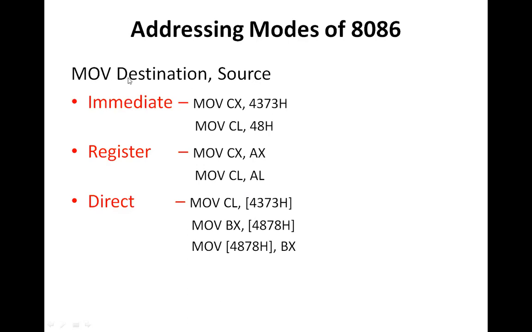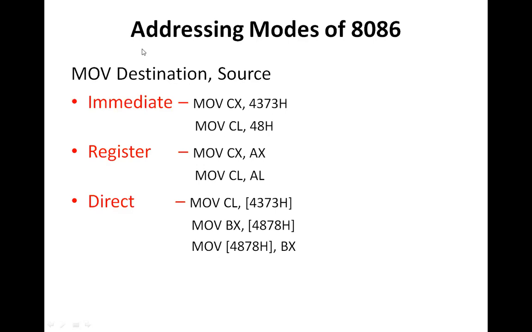The destination may be a memory location or a microprocessor register, and the source may be the register itself, a memory location, or the accumulator. That is why the format of the MOV instruction in 8086 is MOV destination, source. Destination is written first and source is written later.